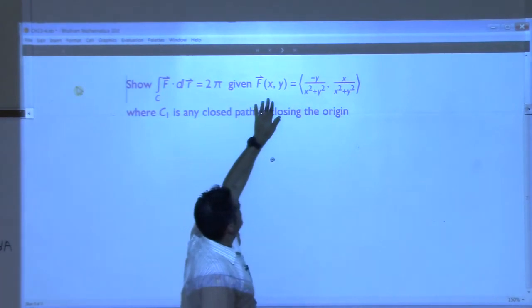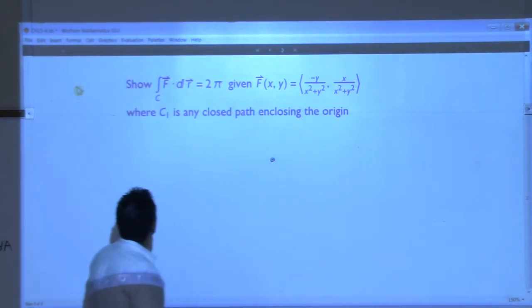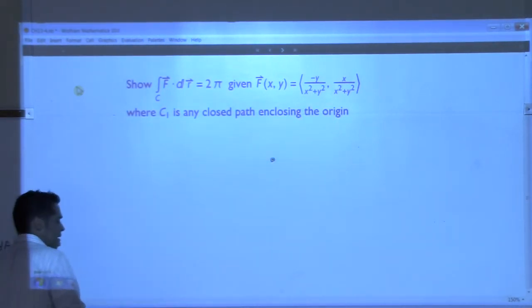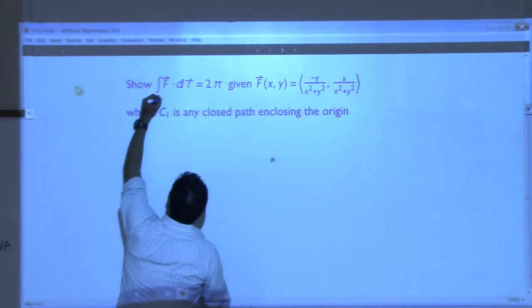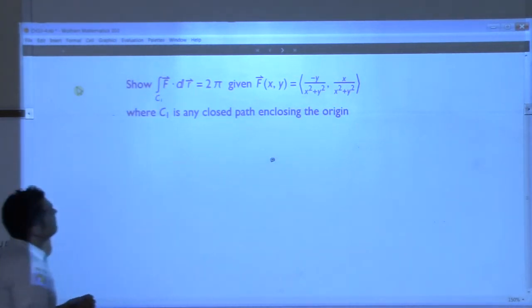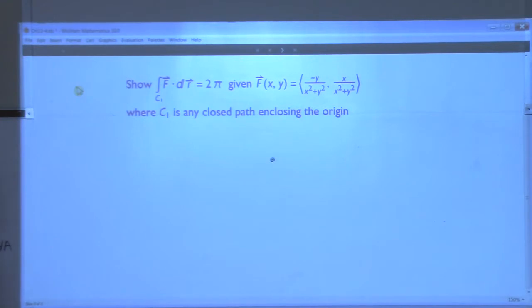If I give you the field is this, and C, that should be C1 up there, sorry. Make this C1. Where C1 is any closed path that encloses the origin. Any closed path that encloses the origin.